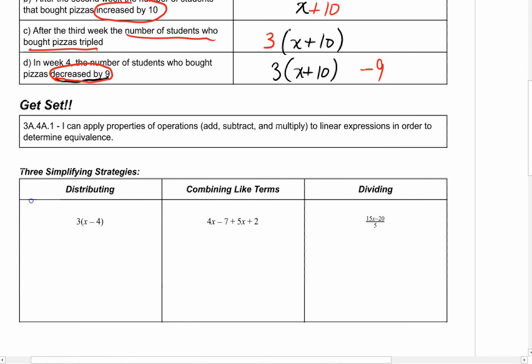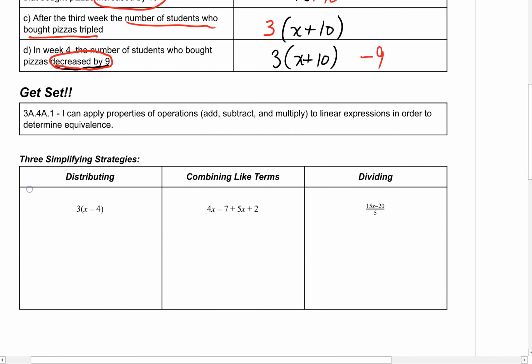As we're going to really get into quite a bit of simplifying, we're going to see that we can apply properties of operations such as distributing, and that's one of 3 simplifying strategies. We can also combine like terms, and finally we can have dividing.